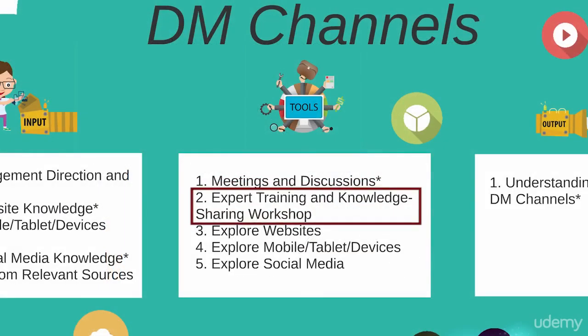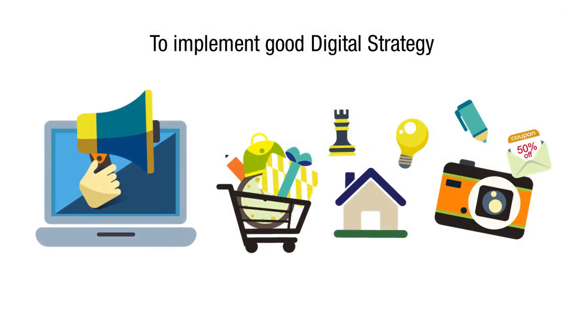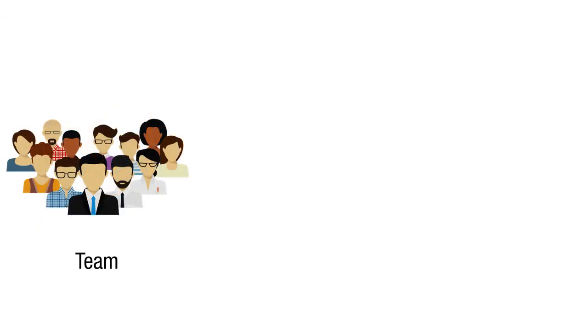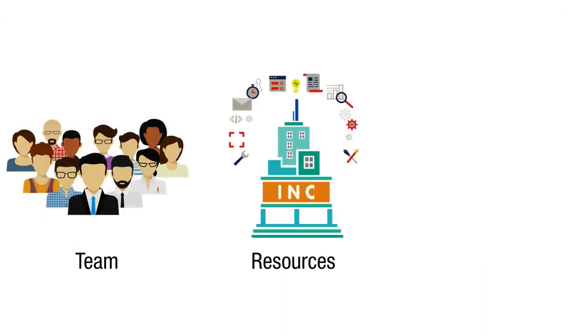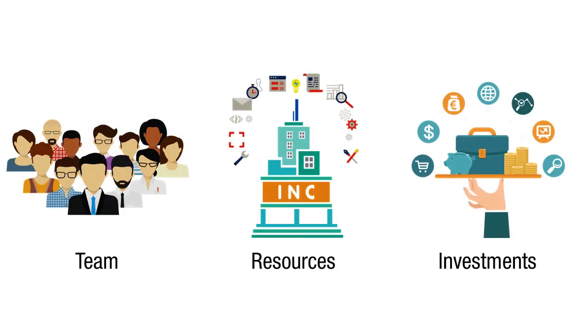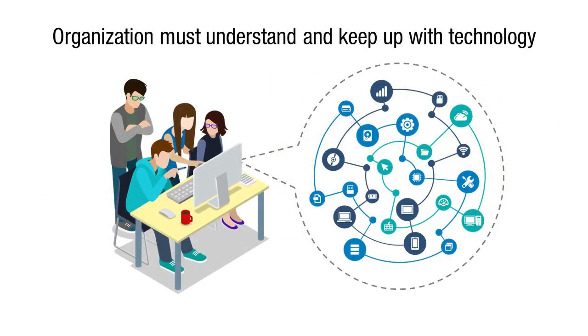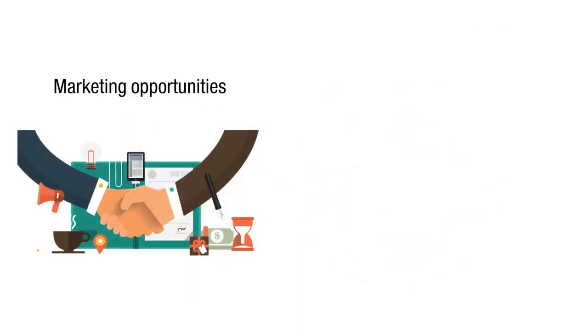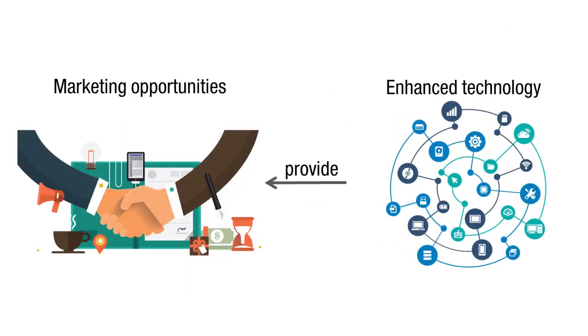Expert training and knowledge-sharing workshop is the next tool. To implement a good digital strategy, a team needs to be set up. Resources need to be allocated, and investments need to be made. An organization must understand and keep up with technology and the marketing opportunities that enhanced technology provides.